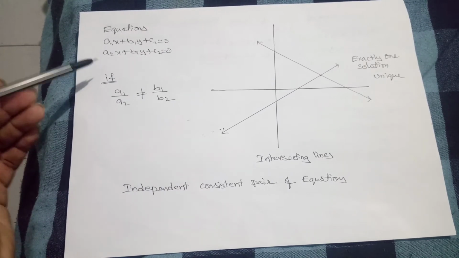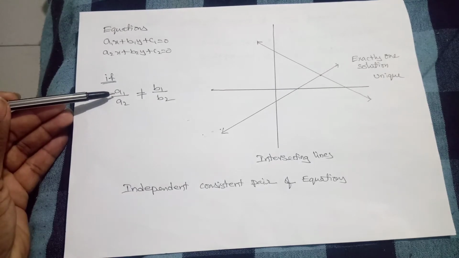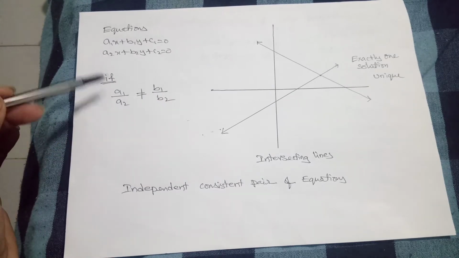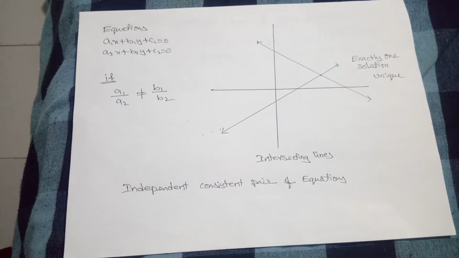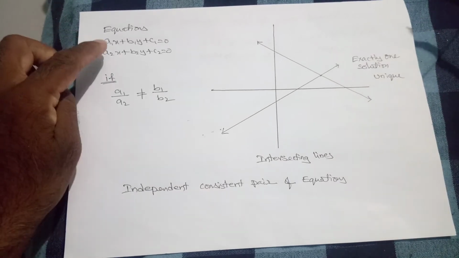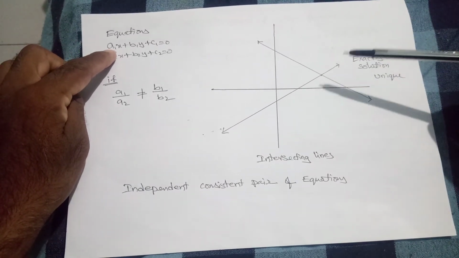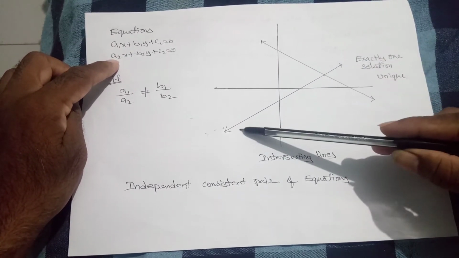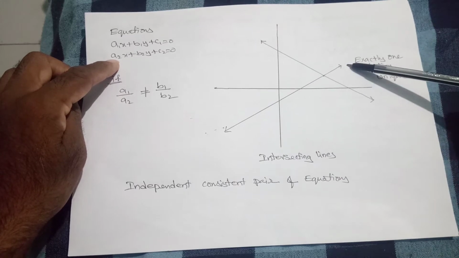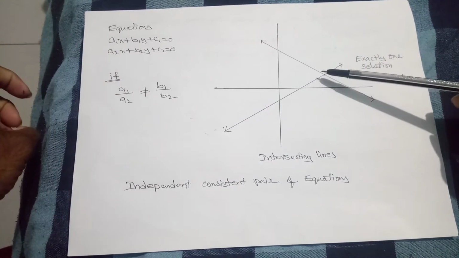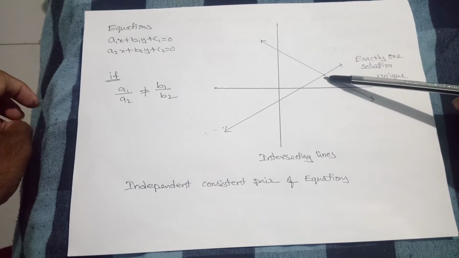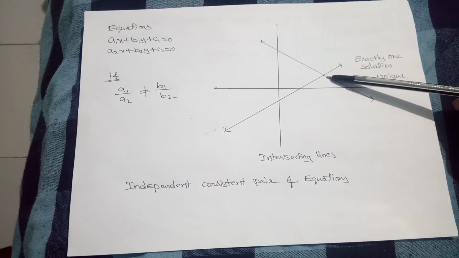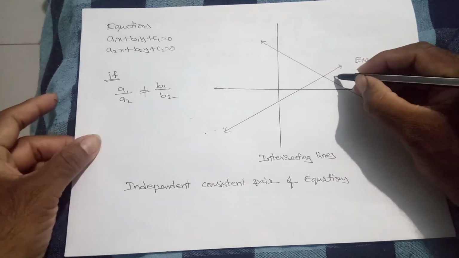If you check the ratio a1 by a2 not equal to b1 by b2, if the ratios are not equal, then we can draw a1x plus b1y plus c1 as a straight line on the Cartesian plane, and for the second equation also we can draw a straight line on the Cartesian plane. So both the lines have an intersecting point, and this point of intersection is x comma y.